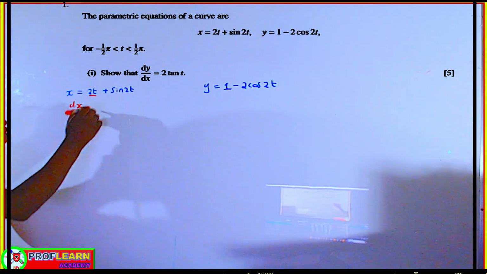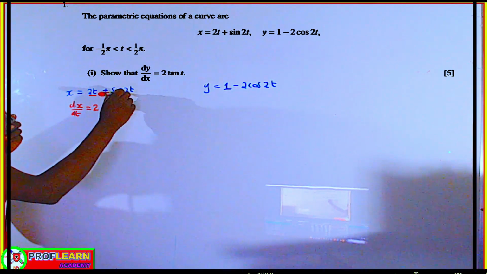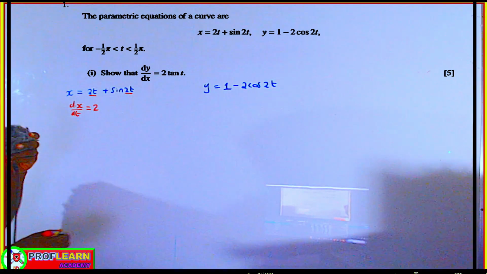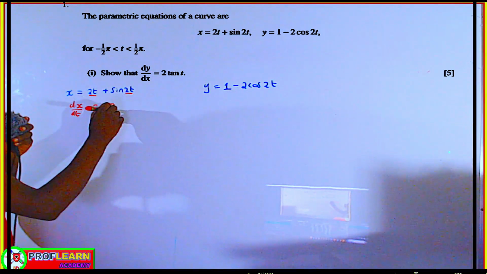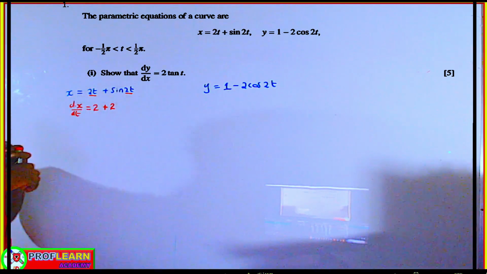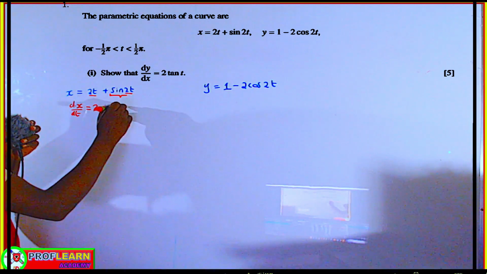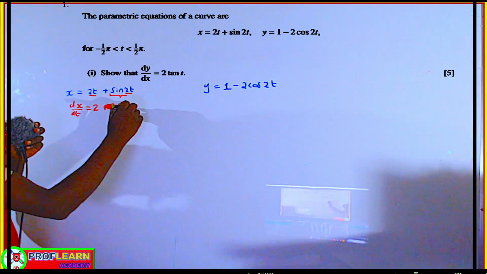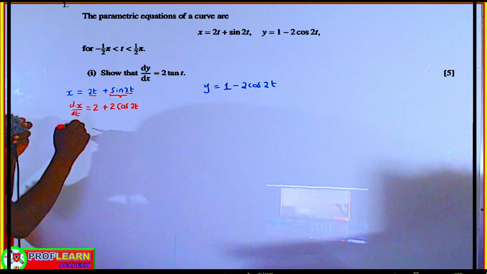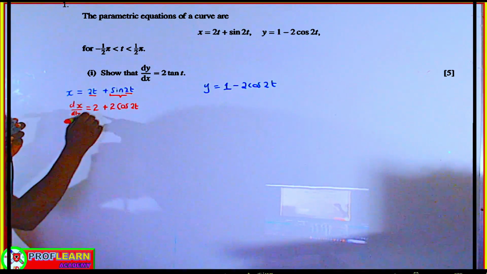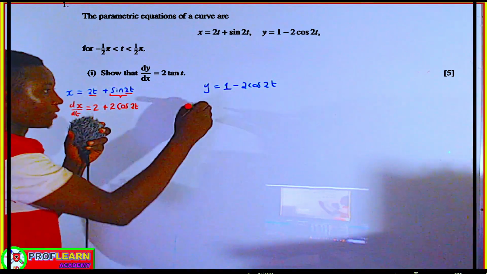Differentiating 2t, we are going to have 2, and differentiating sine 2t, first we need to differentiate the inner function, and that is going to be plus, differentiating 2t, we have 2. Then once you have differentiated that, you can now differentiate the sine function, and it's going to be cos, then you write 2t the way it's written. So dx/dt has proven to be 2 plus 2 cos 2t.